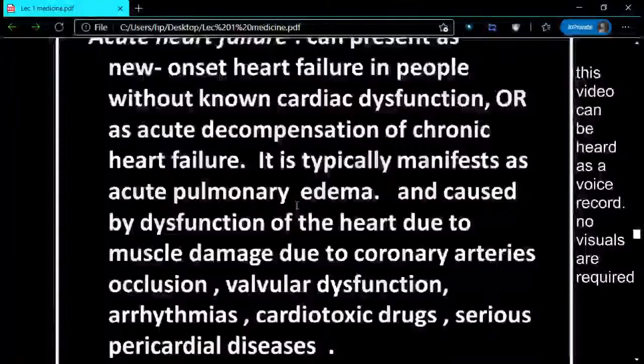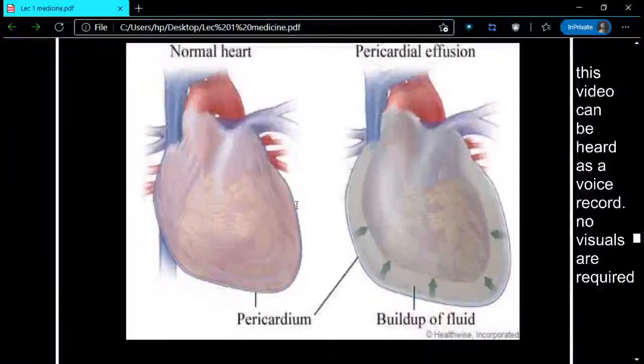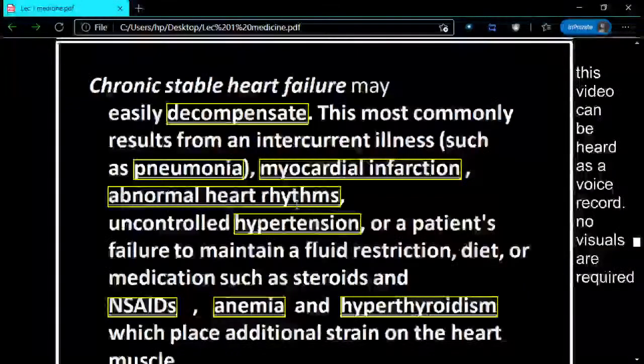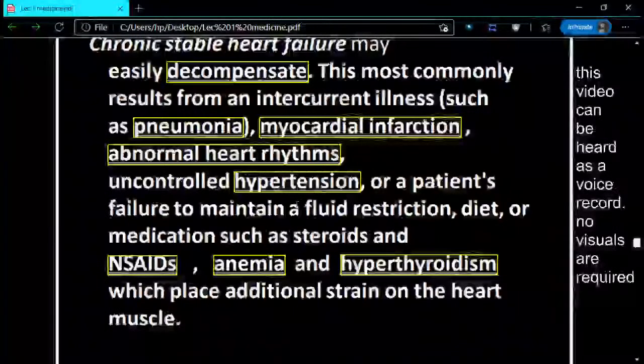Caused by dysfunction of the heart due to muscle damage, coronary artery occlusion, valvular dysfunction, arrhythmia, etc. As you can see here, the balloon fluid. Stable heart failure may be easily decompensated.